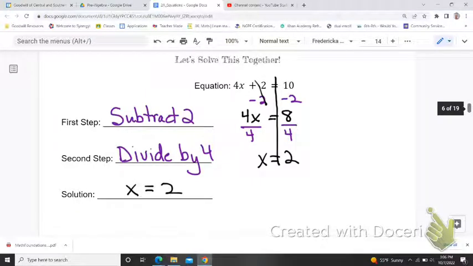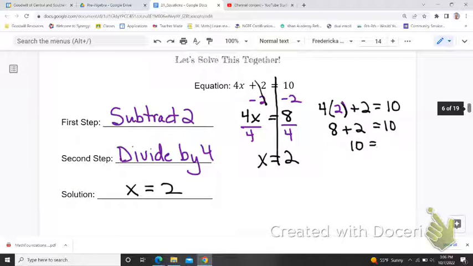And let's go ahead and check that to make sure. So 4 times x, which is 2, so 4 times 2 plus 2 should equal 10. 4 times 2 is 8, and 8 plus 2, feeling pretty good about this, 8 plus 2 is 10. So the left side and the right side are the same.